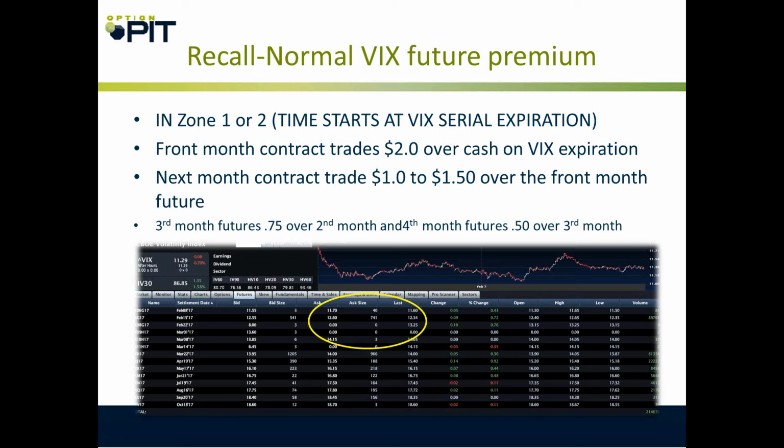And for the same reason, VIX futures basically decay around 50 cents a week. 50 cents, 50 cents, 50 cents, done. There's no brain surgery there. Right now, if you notice, my March is trading at around the 14 level, which is $2.71 over. A little expensive.